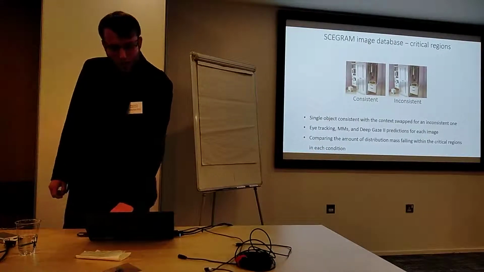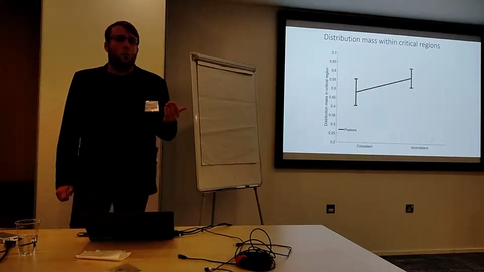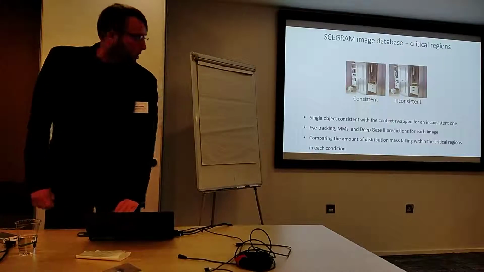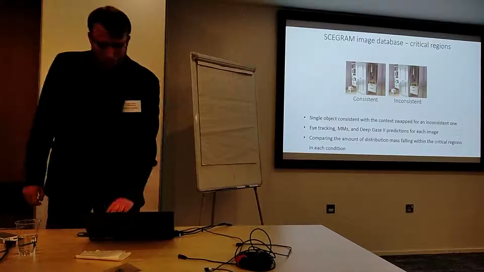So, here is the first result. On the y-axis, we have distribution mass falling in a critical region, so basically how much of the distribution falls within this region in consistent and inconsistent conditions.